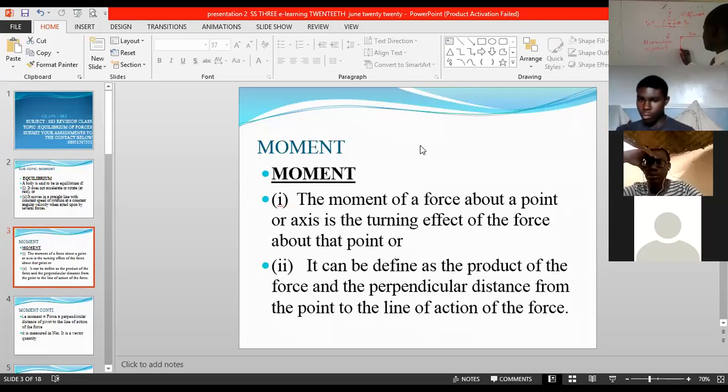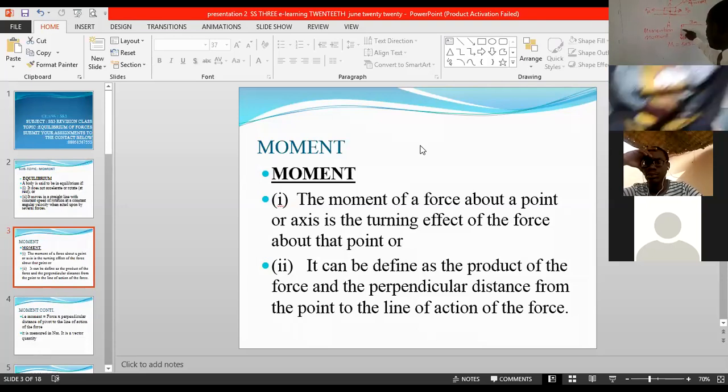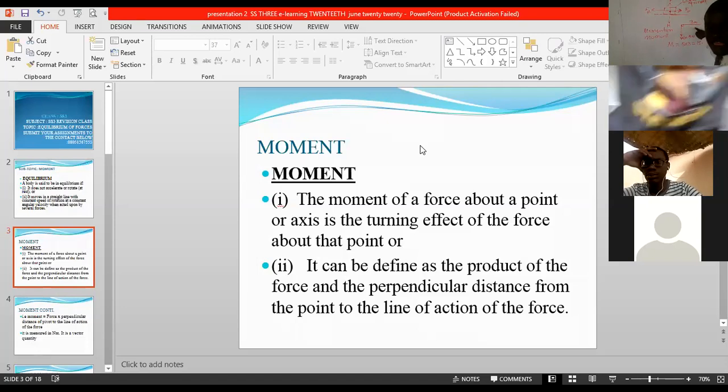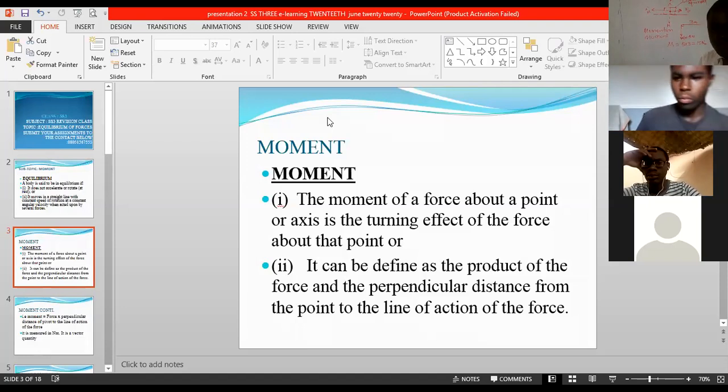If my weight or force is 5 newtons, and I want to calculate my moment, it will be 5 times 3, which will be equal to 15 newton meter. Can you see that now? This is moment. So moment is the product of force and perpendicular distance to the line of action of the force. Moment is different from momentum.